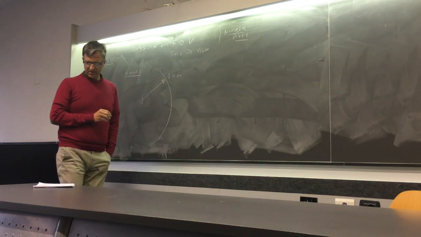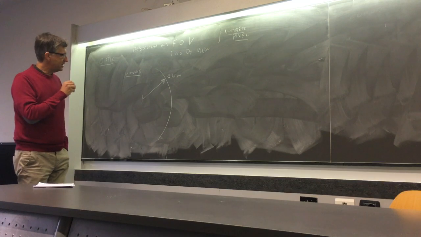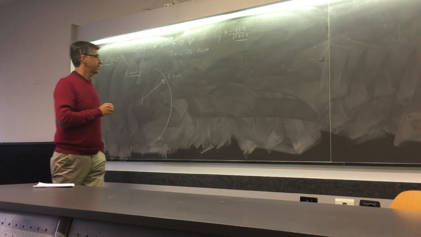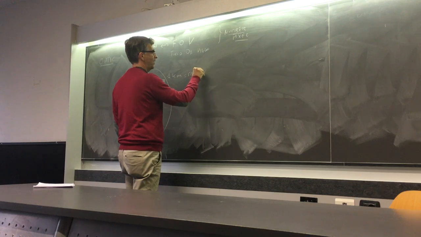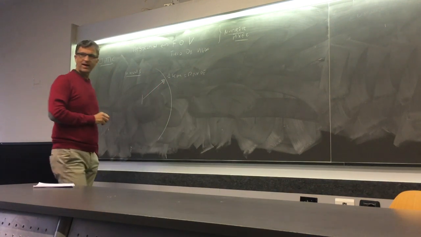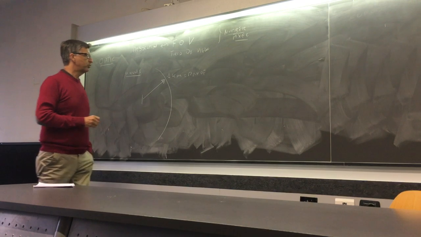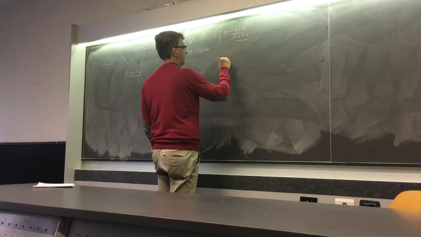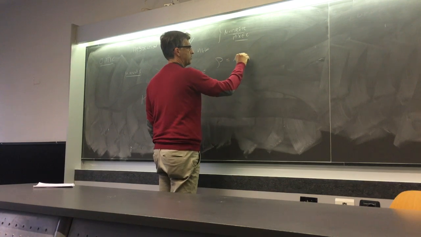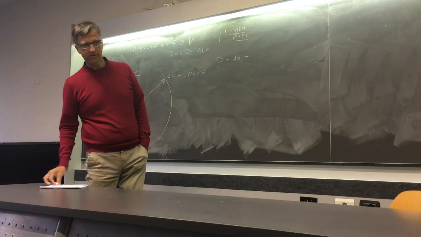1 kilometer distance, okay? This is the range, the maximum range at which you want to operate. And then you put your resolution, so ρ equals 10 meters. This is also called geometric resolution.